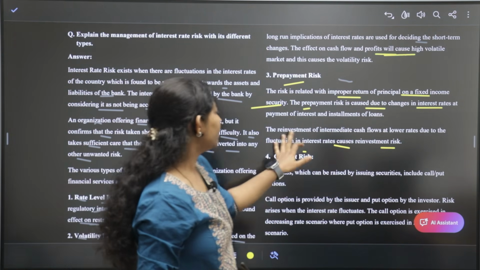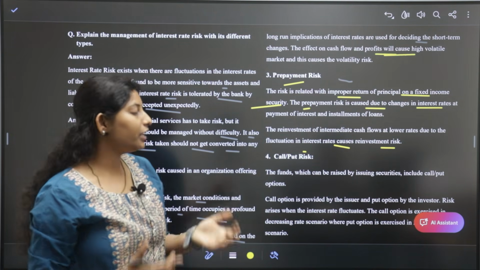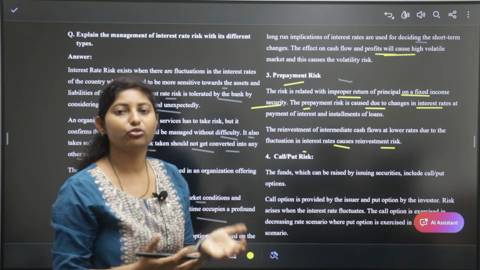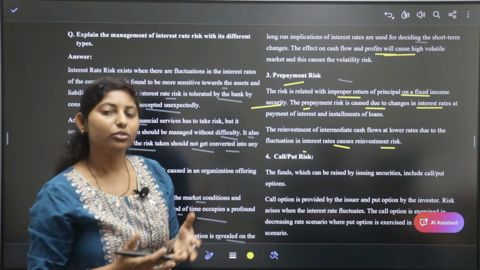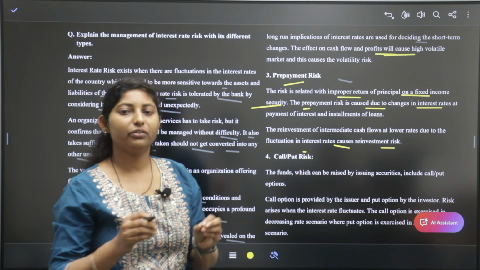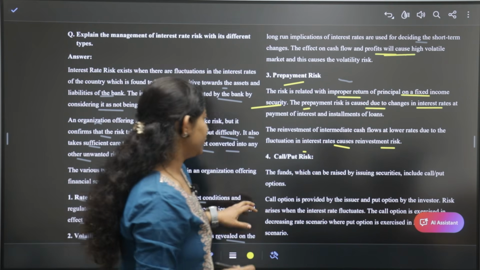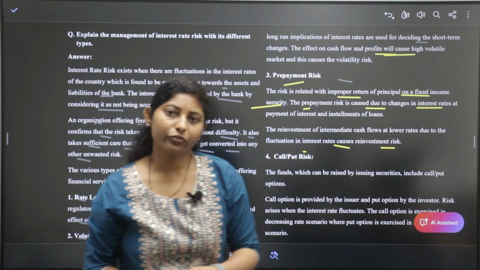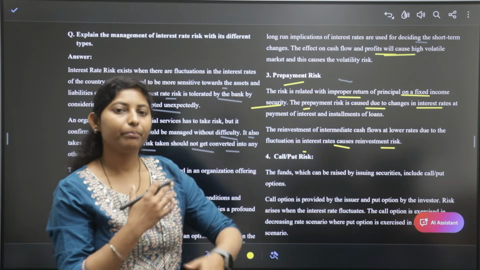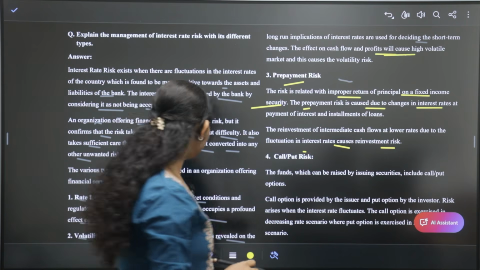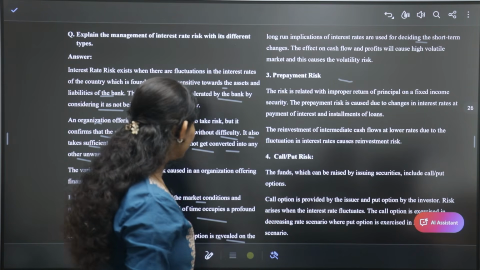Here we are doing reinvestments where risk will be caused in the future a number of times. So we keep investing in funds to protect from such risk. So that is prepayment risk: we have already paid for the risk, and once again we pay for such risk that occurs in the future.